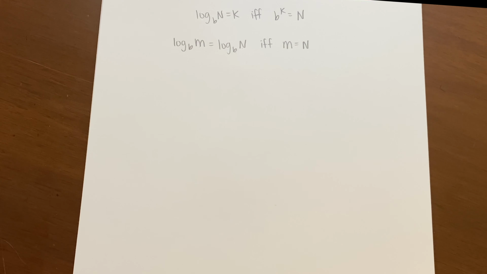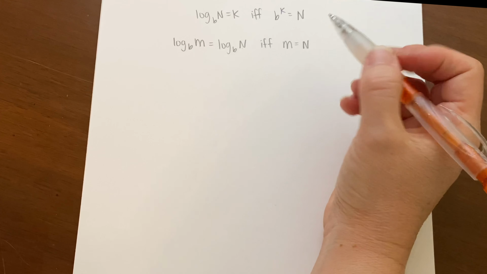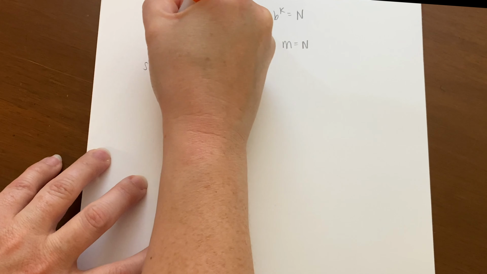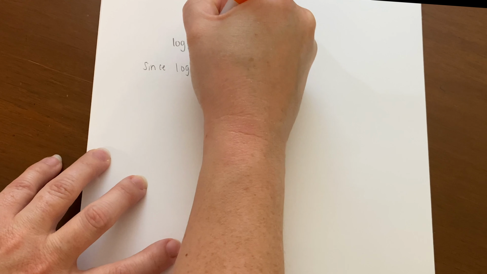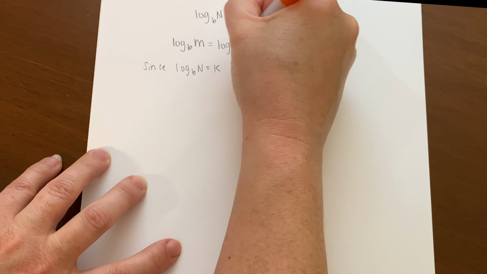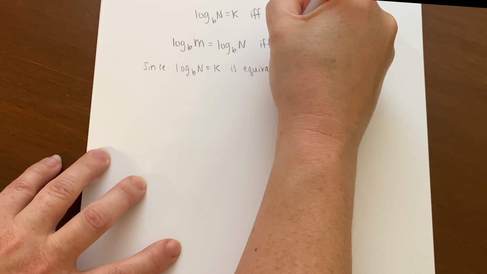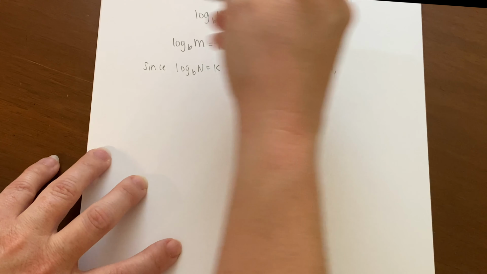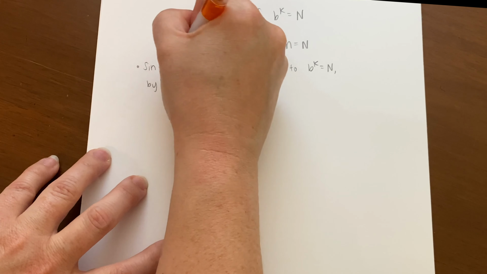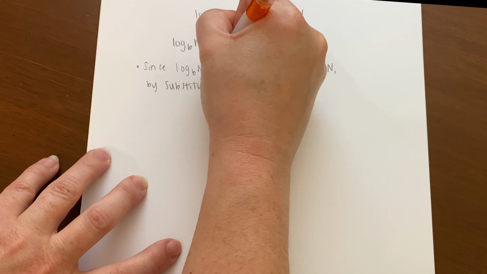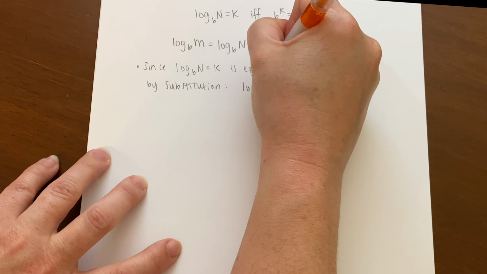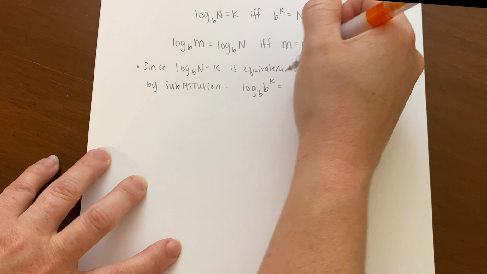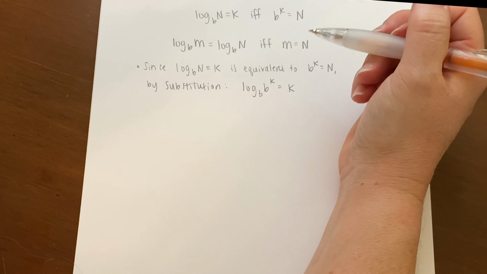There are several other properties of logarithms that we can look at. If we use the definition, since log base b of n equals k is equivalent to b to the k equals n, by substitution, the log base b of b to the k power equals k. So think about this.